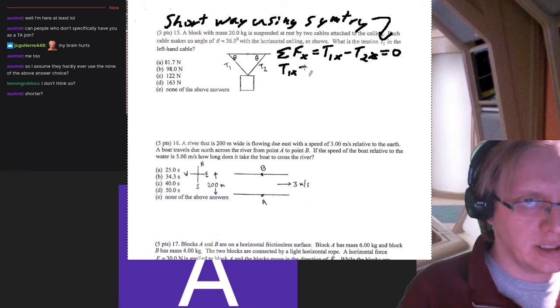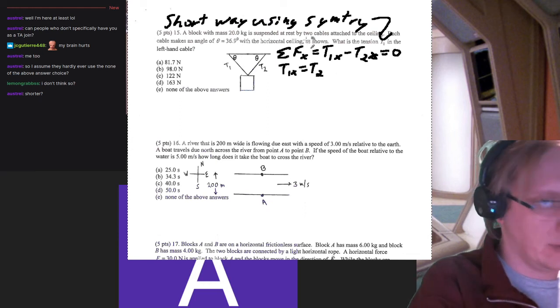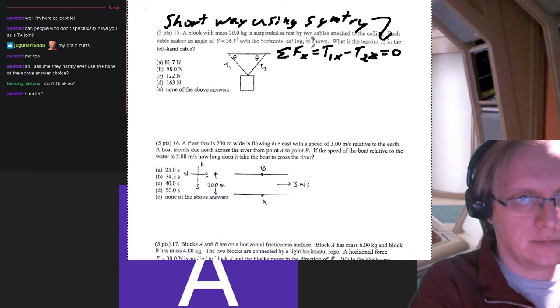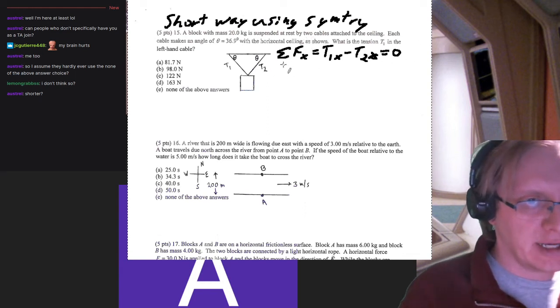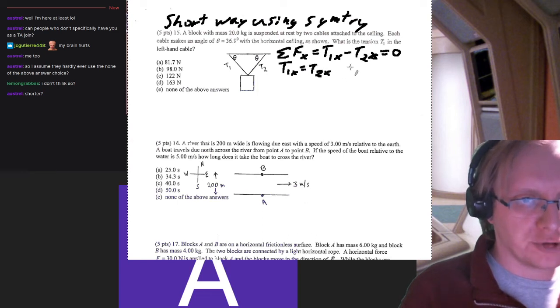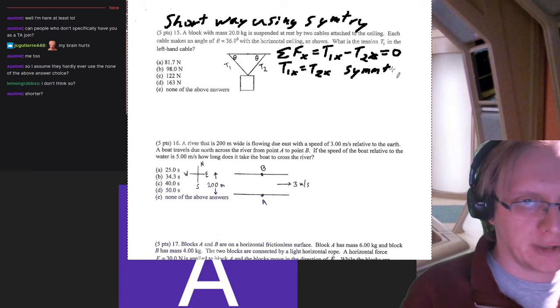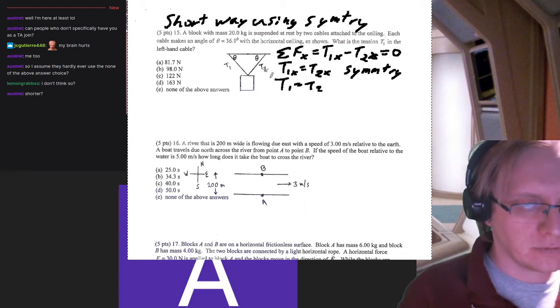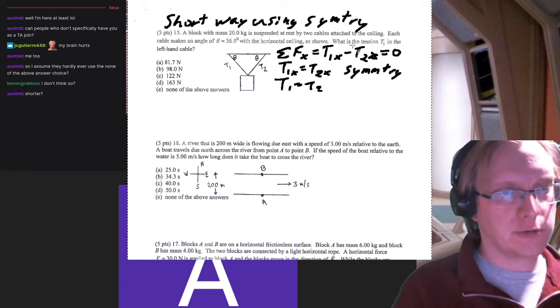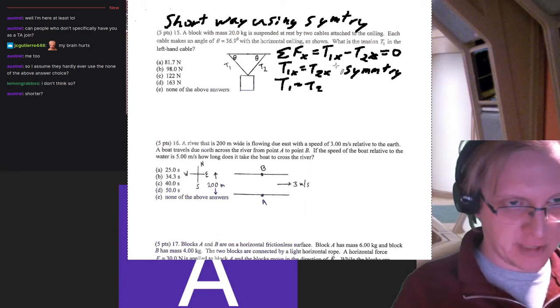That means that T1x is equal to T2x. But because of symmetry, T1 is equal to T2. So we don't actually care about this. This provides precisely no information here.